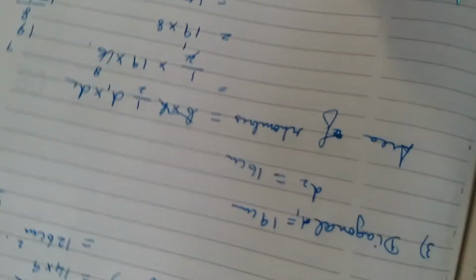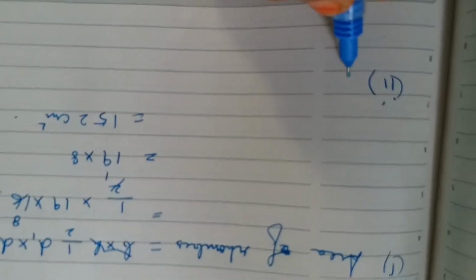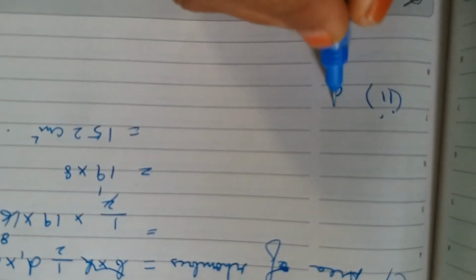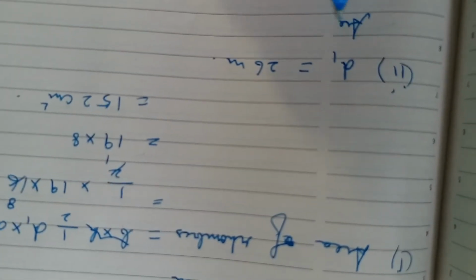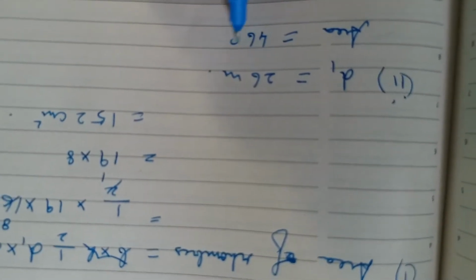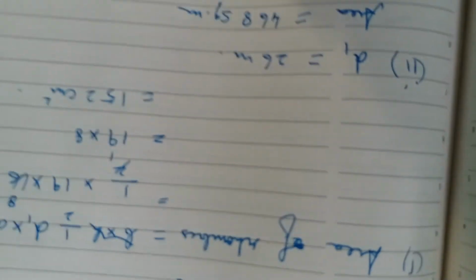For the second sum, this is your first subdivision. Second subdivision: diagonal d1 is given as 26 meter. Area is given as 468 square meter. You are supposed to find d2, the second diagonal value. You already know the formula.